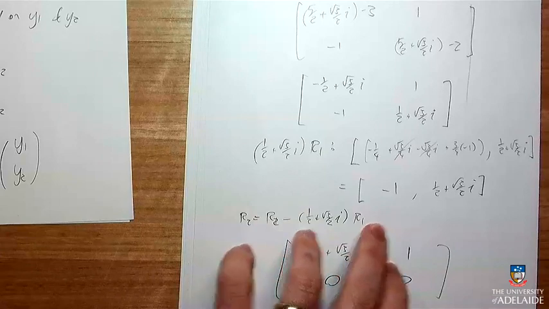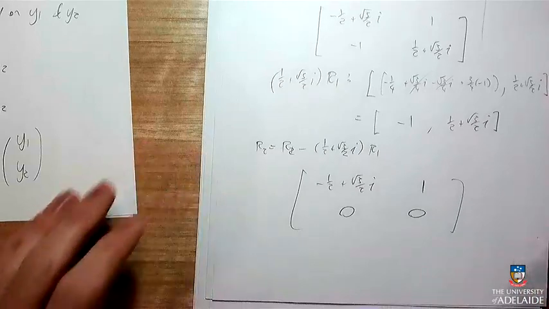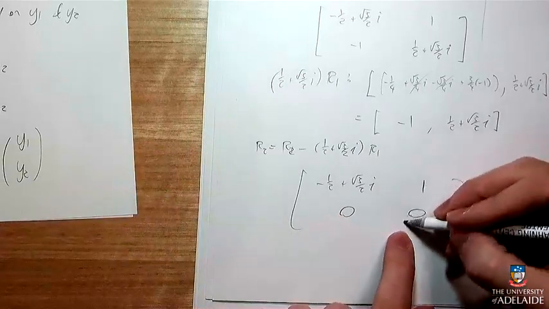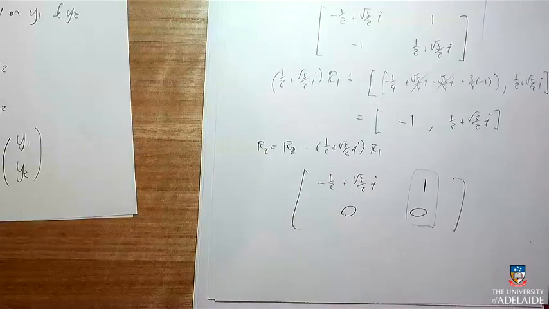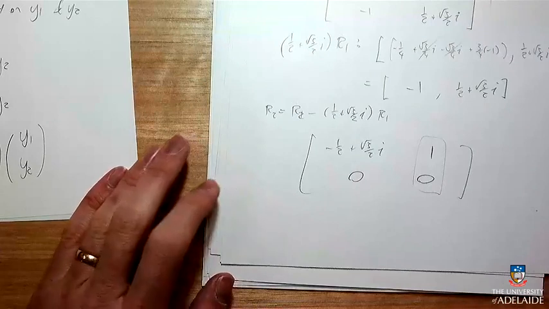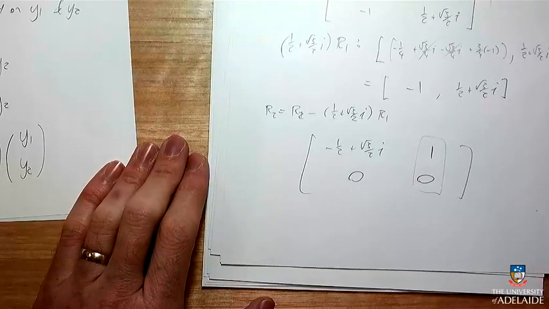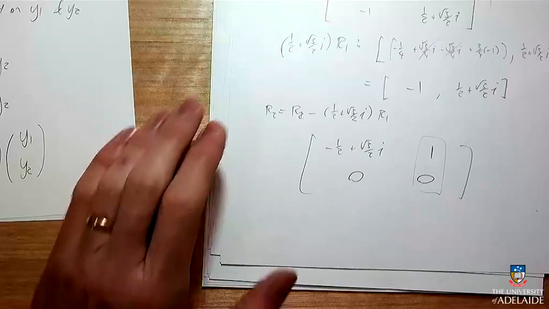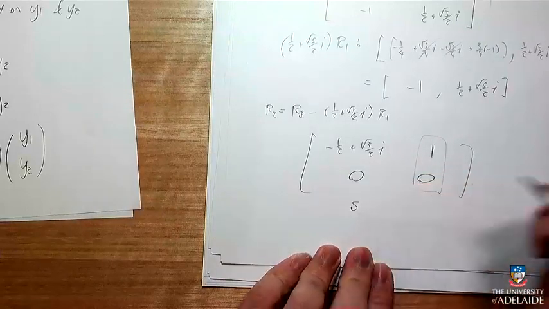And if I do row 2 minus that, I'll get 0. Beautiful. And so I end up with a pivot in this column, which means this column is a free variable. So let's call this, I don't want to use t, because we've already used t elsewhere, so I'm going to call it s. So this variable is s.